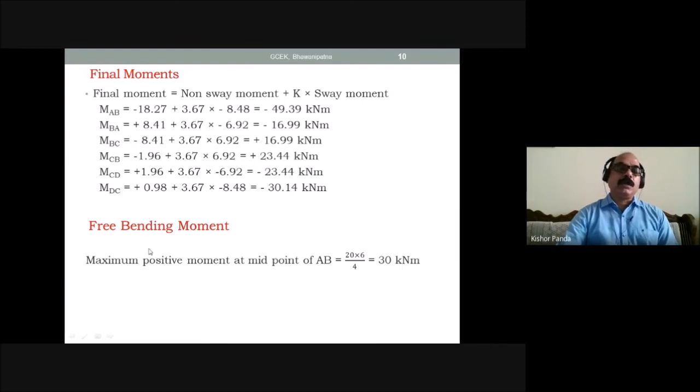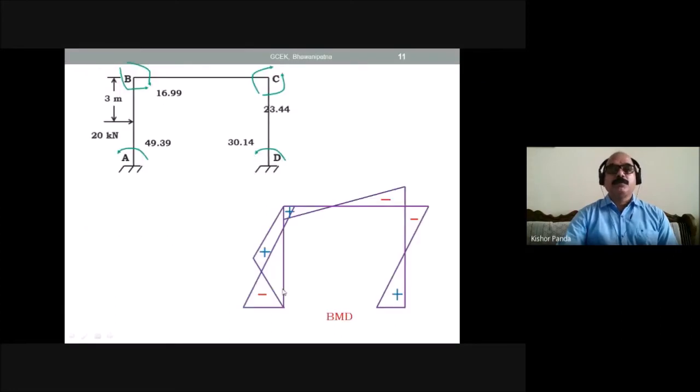Then, after knowing the positive moment and the end moments, you have to draw the bending moment diagram. Here you see, this is the positive moment diagram. Then what is the direction of this moment? Here this is 49.39, and here this is inside 16.99.